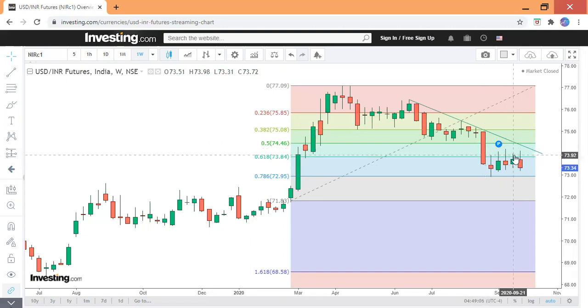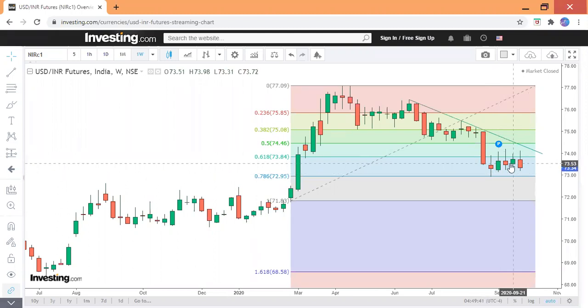If USD INR would make any closing above this range, and the next candle would also trade higher than that closing, we will assume that USD INR has left these levels and we will take our support on the higher side.